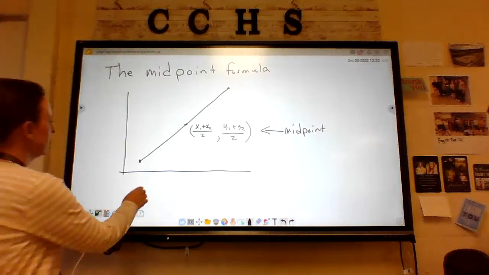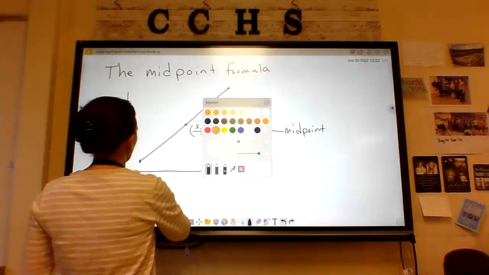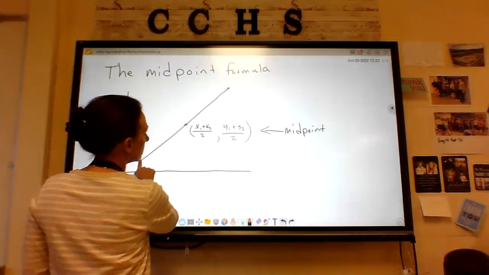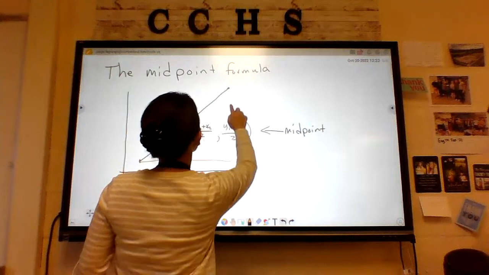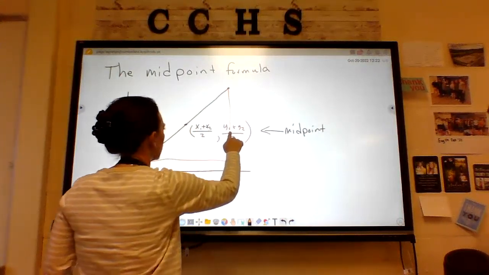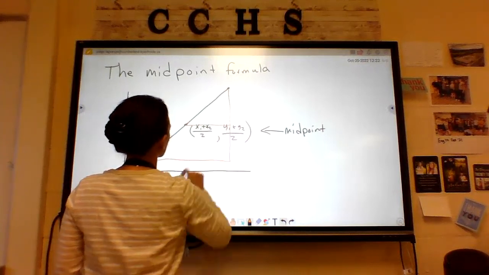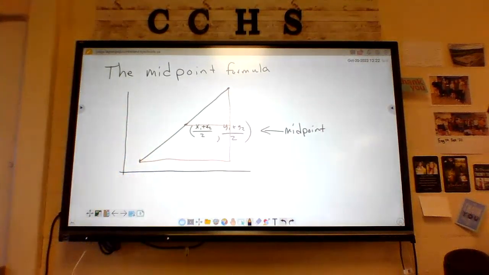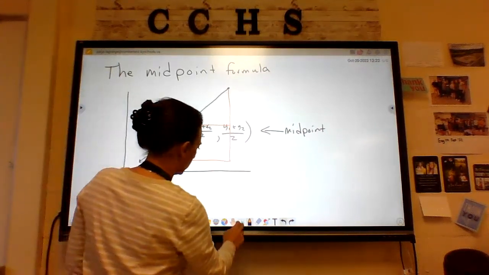And so if you take, and I'm going to use different colors, and you go from here and come on down, if you divide that in half, you get a triangle. And then if you go from here down to here, you get another triangle.